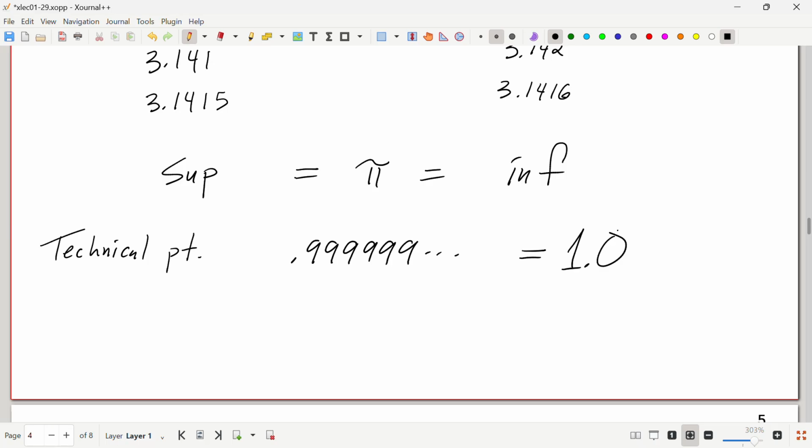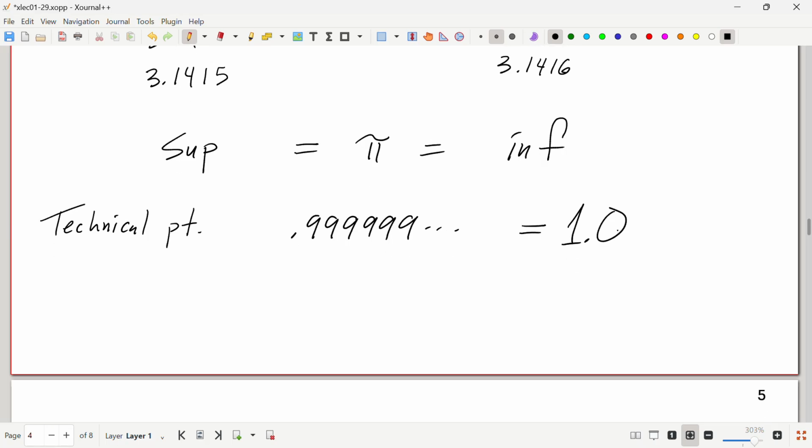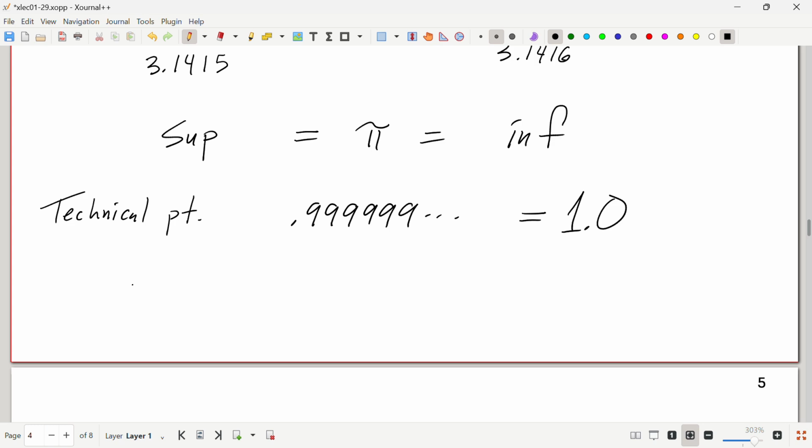Yeah. And the way I like to think about that, everybody likes to think about it, is in terms of geometric series. 1 plus r plus r squared plus, let's do r to the n. Let's call that s sub n. That's a geometric series.